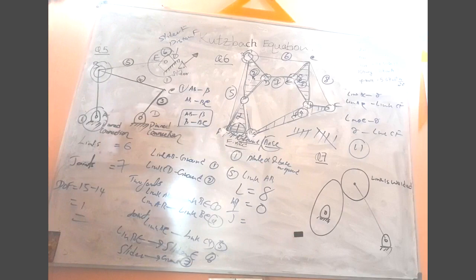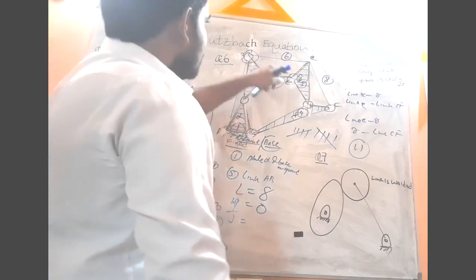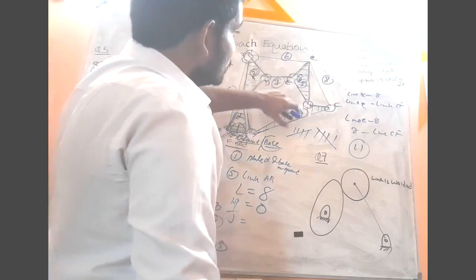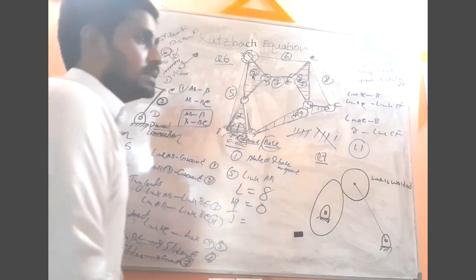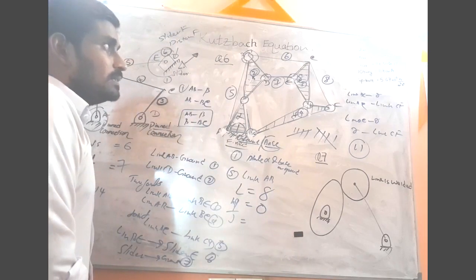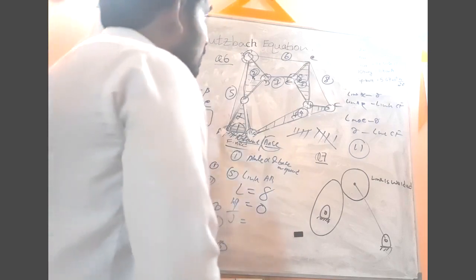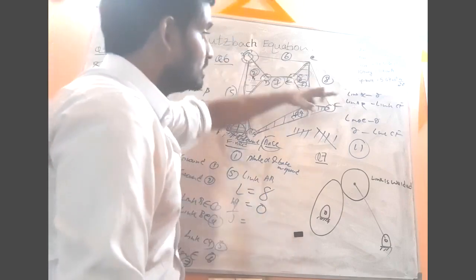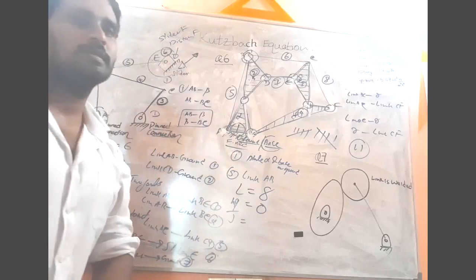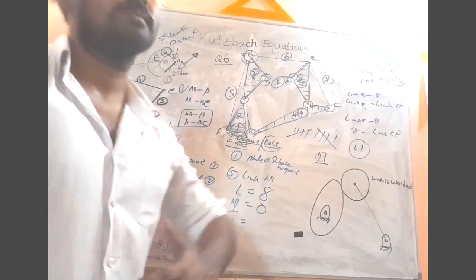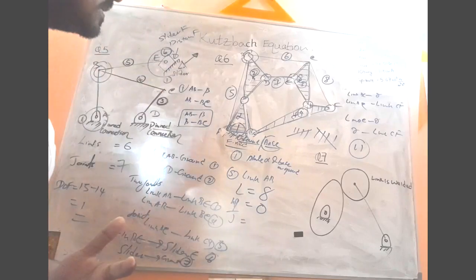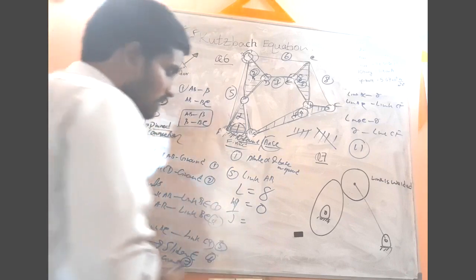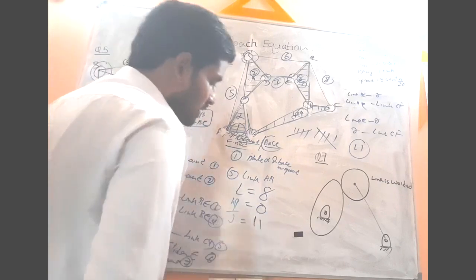Then joint 10 is the joint that connects the link BC to the plate gamma. And the other joint is the joint that connects the link BC to the link CF. So how many joints do we have? Now we have a total of 11 joints. So that is clear.